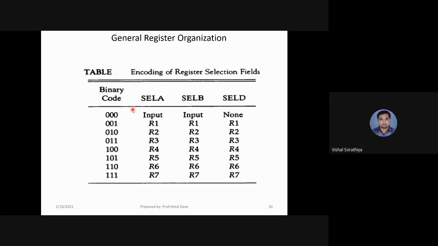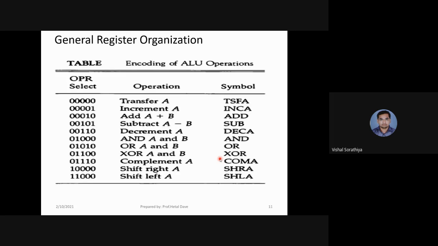For the other selection codes, for the multiplexer or the decoder, whatever binary code is mentioned, the related register is going to be selected. So either you give a 3-line decoder or the selection line, both are the same. It gives you access to those particular registers.